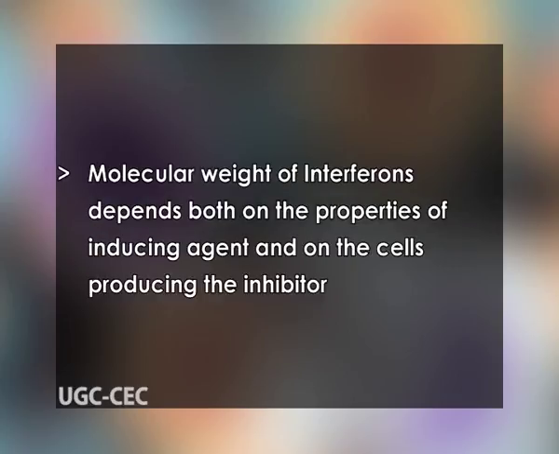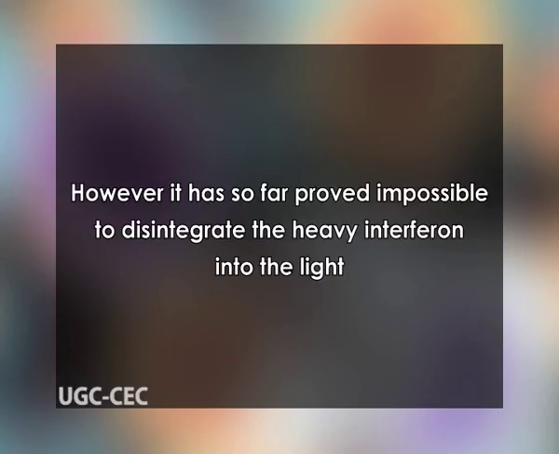Number 8. Molecular weight of interferons depends both on the properties of inducing agents and on the cell producing the inhibitor. However, it has so far proved impossible to disintegrate the heavy interferon into the light. It apparently does not interfere with the body's natural immunity mechanism.